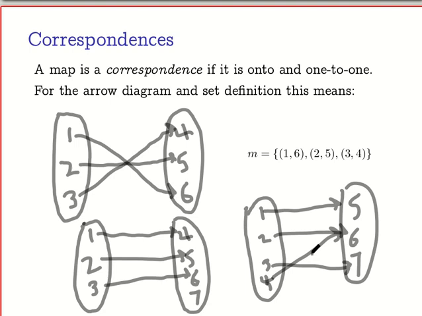So this shows the case when there's not a correspondence because the codomain has fewer elements than the domain, and the example on the left shows a case in which there can't be a correspondence because there are too many elements in the codomain.